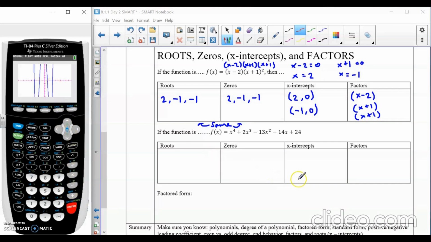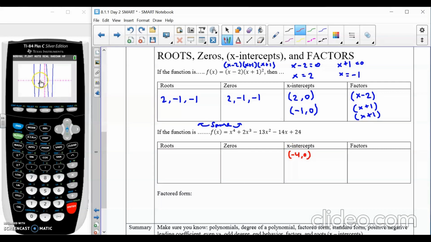So to find the x-intercepts first will be the easiest. Because we're in zoom standard, we can actually just count the tick marks, because in zoom standard on our graph, every tick mark just changes by 1. So our first x-intercept, if we look, there's 1, 2, 3, 4. This is on the 4th tick mark, and so we know that one of our x-intercepts is going to be at (-4, 0).